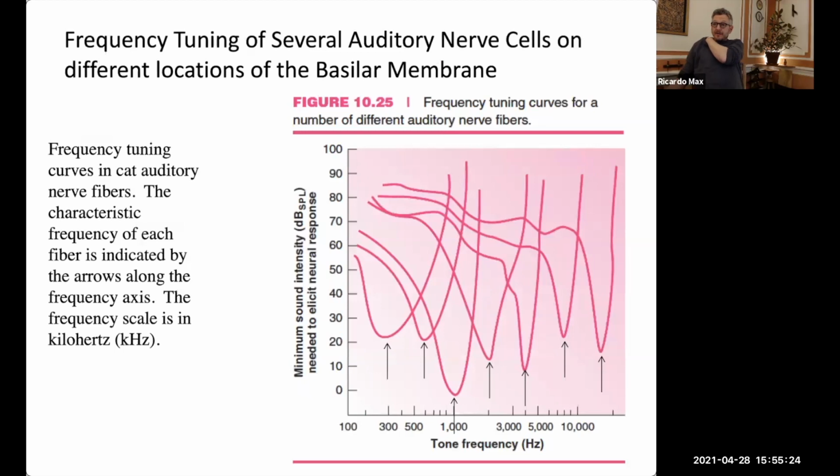So different hair cells at different locations along the basilar membrane are sensitive to very specific and narrow ranges of frequencies. Now you tell me, these hair cells here, where are they in the basilar membrane? Anyone want to try?